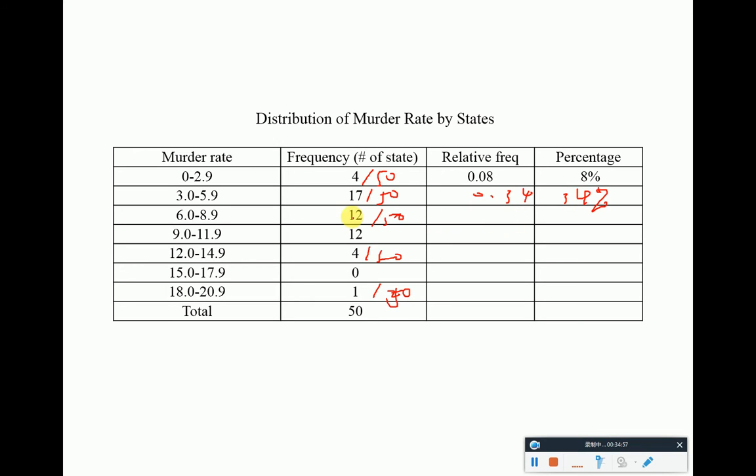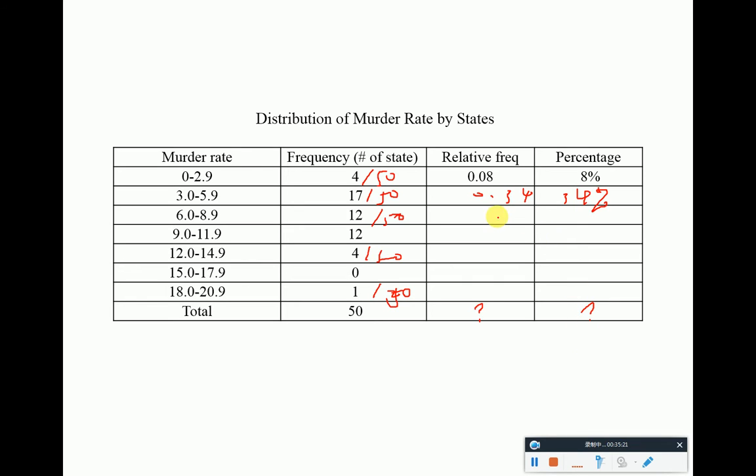But my question is, even without doing the calculation for all these different cells, if all these numbers add up to 50 because there are 50 states, what will be the number here? What will be the total relative frequency? And what will be the total percentage?